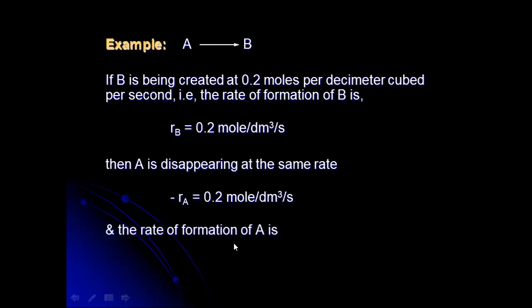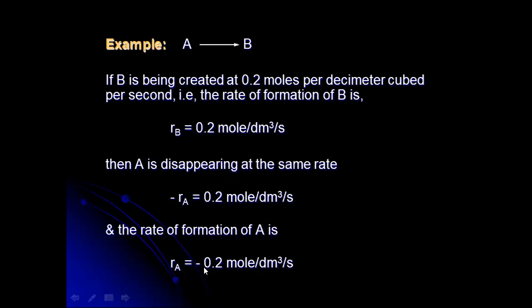Now, the rate of formation of A. Take note, the rate of formation of A. You may wonder, how can A be formed when it's actually being consumed so that B is produced? Look at it. The rate of formation of A is now negative. Why is the rate of formation of A negative? Because A in the first place is a reactant, so it cannot be formed.